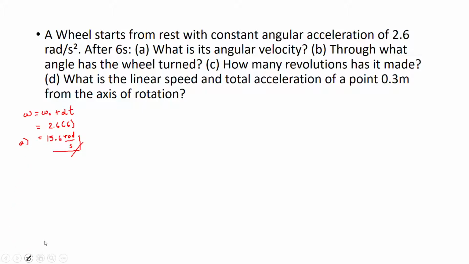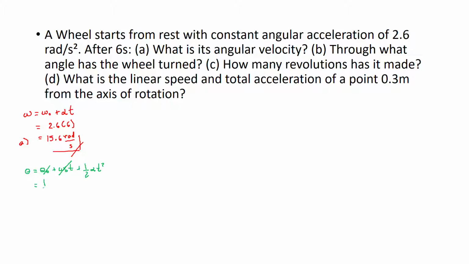Now for part B, we're asked through what angle has the wheel turned? Okay, so from there we know that we should use this nice formula that we use since always: theta equals omega 0 t plus a half of alpha t squared. We know that it starts from rest, so this thing is 0, and this thing is also 0.